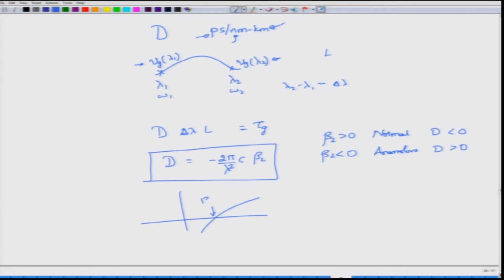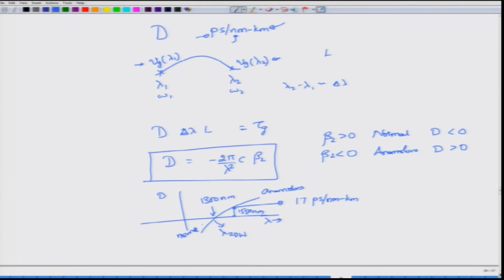It will go through 0 in the fiber at around 1300 nanometer, and at 1550 nanometer the value of this dispersion D is roughly 17 picosecond per nanometer kilometer. What I have plotted is lambda on the x axis and D on the y axis. Of course, after this 1300 nanometer, which is called lambda ZDW, where ZDW is the zero dispersion wavelength, the region here is anomalous, whereas the region here is normal.